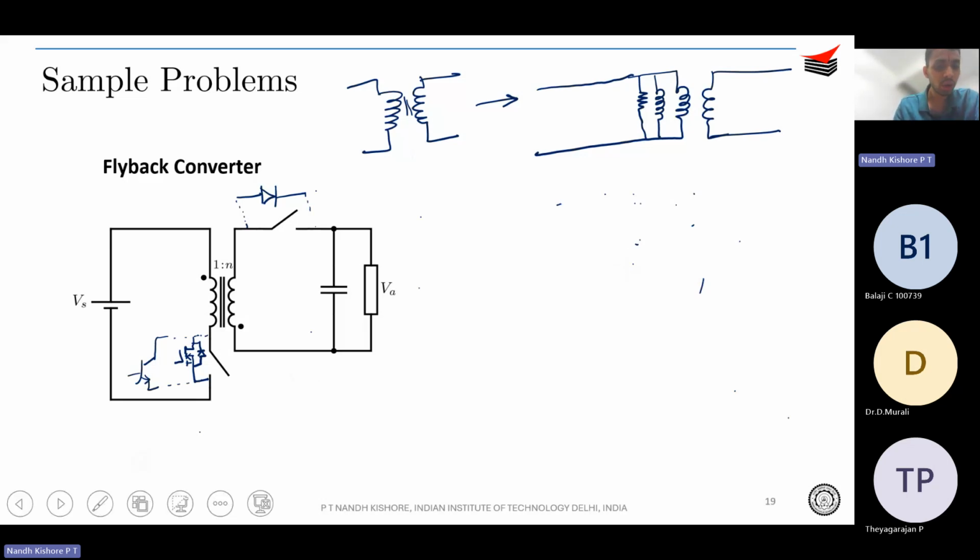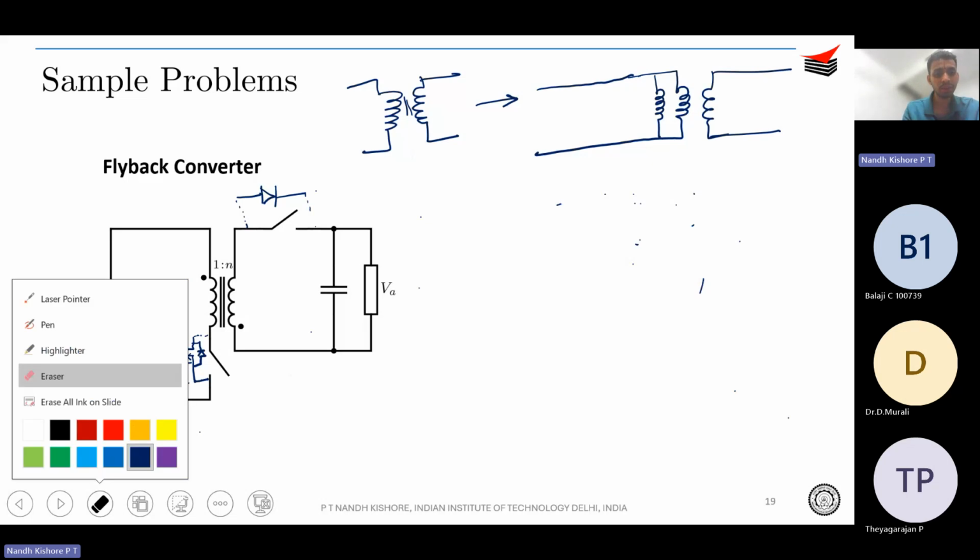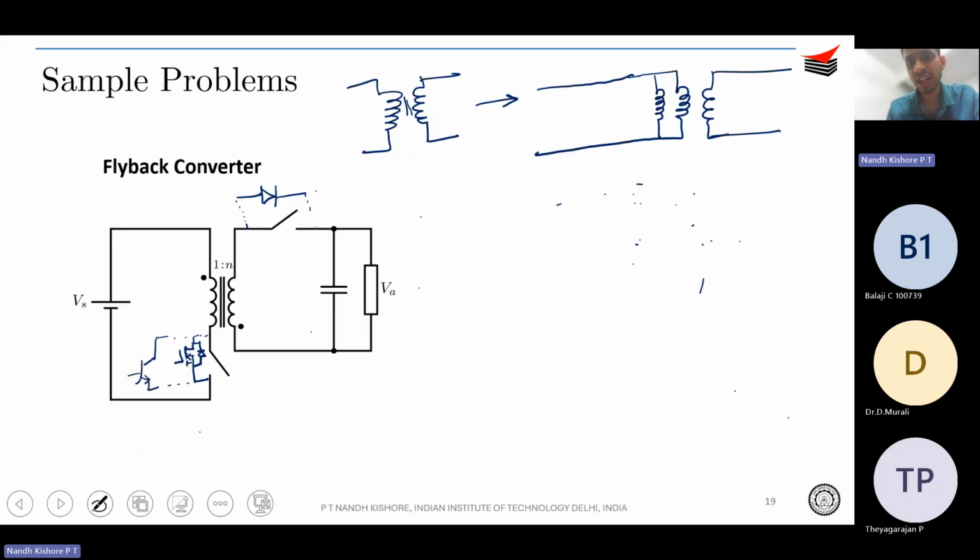Now, if I neglect the core loss, or the RC as we call it, the core loss component, what you see is that you have a shunt branch across the primary, correct? There is a shunt branch across the primary, and this is what we call the magnetizing inductance. So magnetizing inductance defines the flux that is required to actually magnetize the transformer.